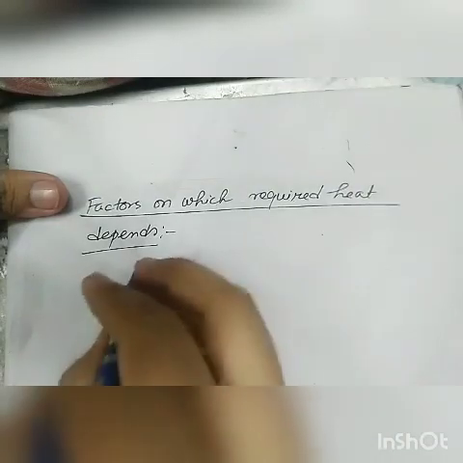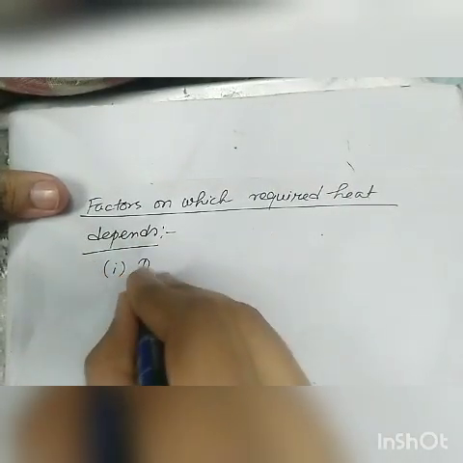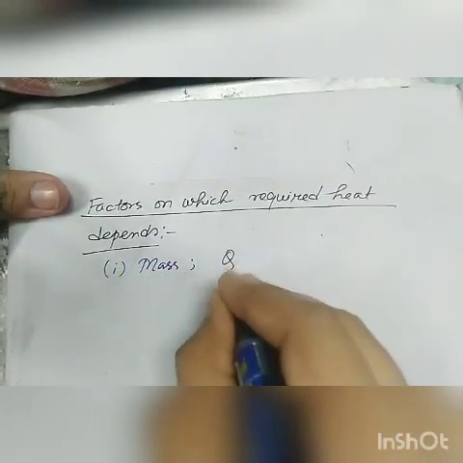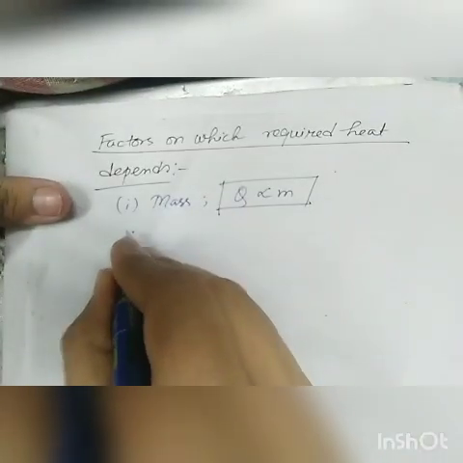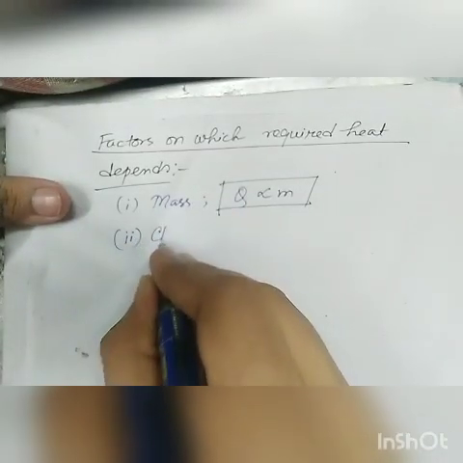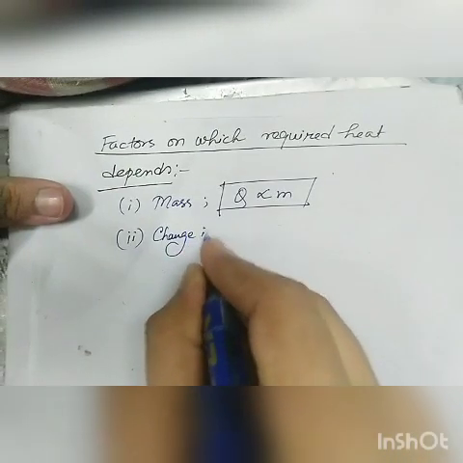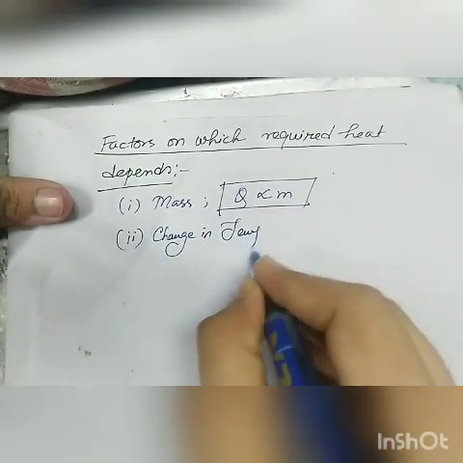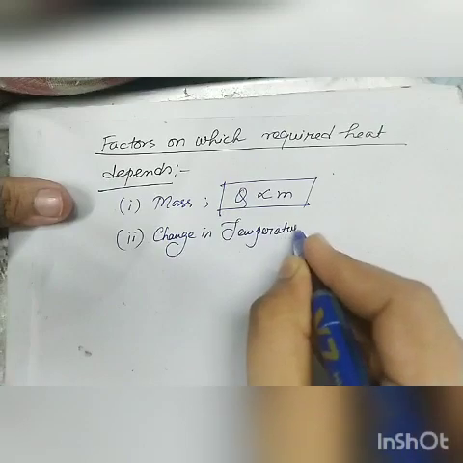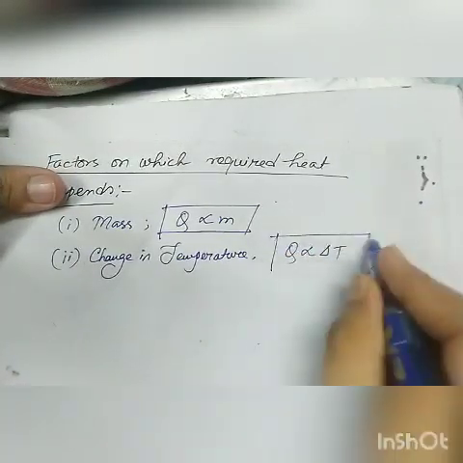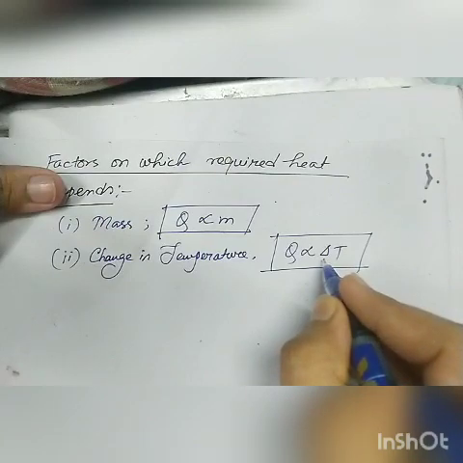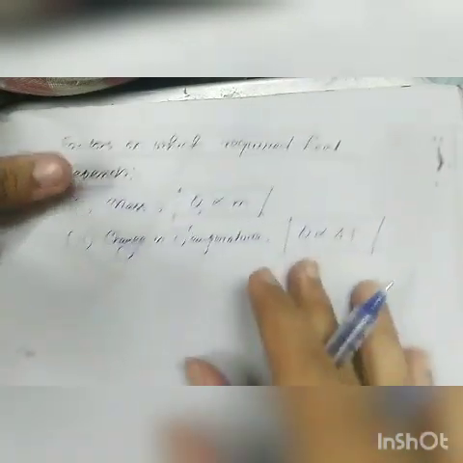The first factor is mass, which is a directly proportional relation. The second factor is also a directly proportional relation, with the change in temperature. In mathematical form, Q is proportional to delta T, where delta represents the change and T the temperature.